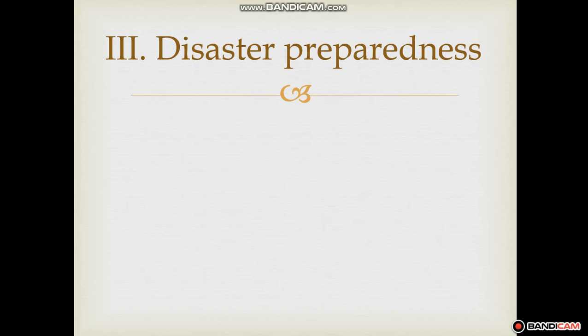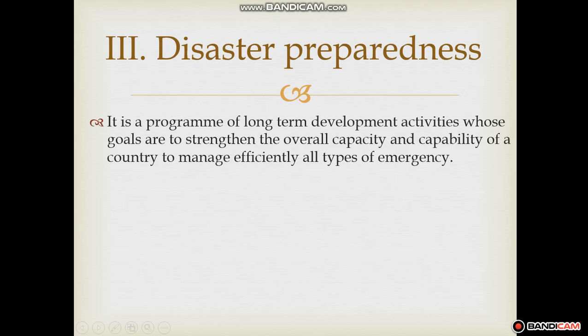Coming to the third phase of the disaster management cycle, that is disaster preparedness. It is a program of long-term development activities whose goals are to strengthen the overall capacity and capability of a country to manage efficiently all types of emergencies.